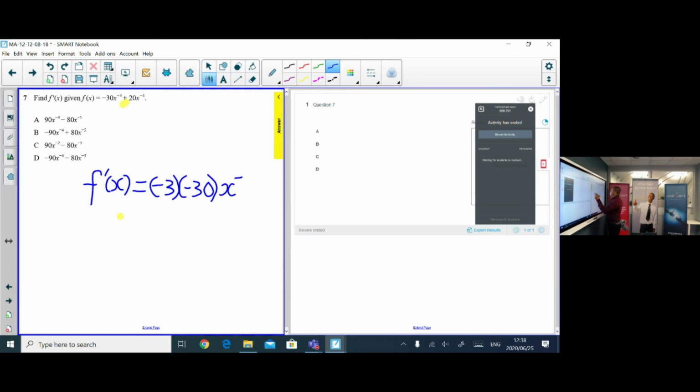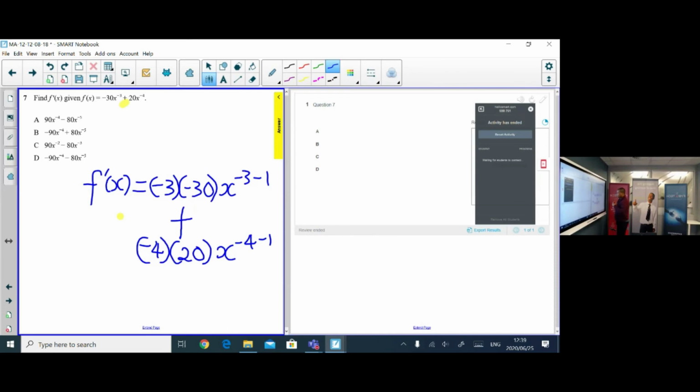Then you have x minus 3 minus 1 plus. So the plus is in between. Then on the second expression, you are going to pull down the minus 4. And then you still have your 20. And then your x is going to lose out 1 degree of its power to become minus 4 minus 1.